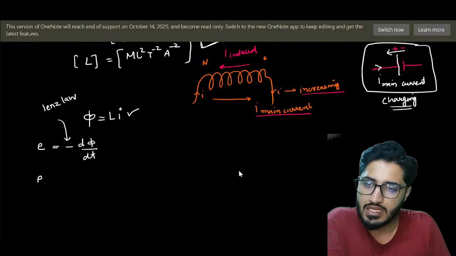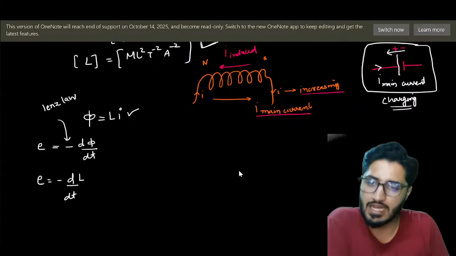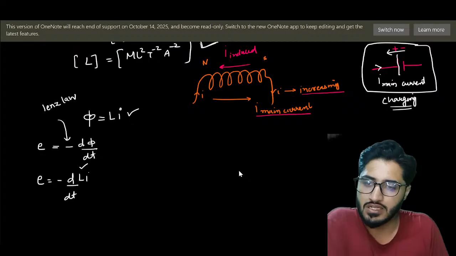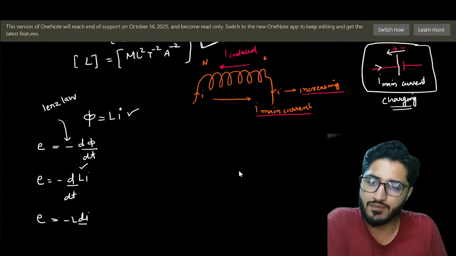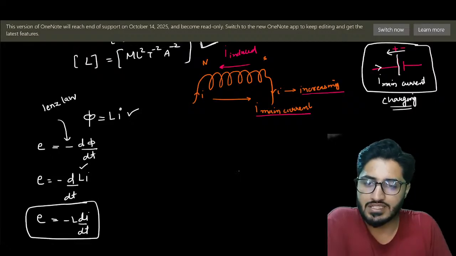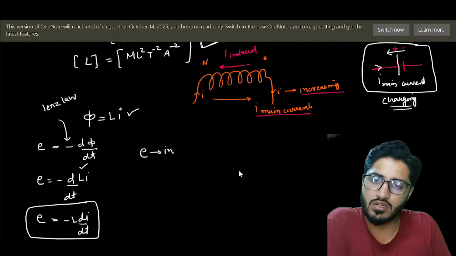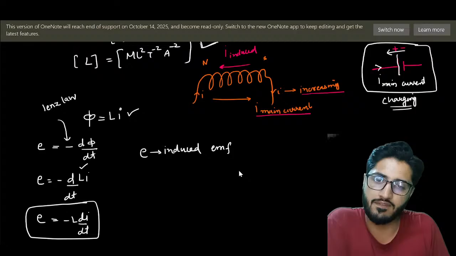Okay, E equals minus d phi by dt. What is phi? Phi is LI. L is constant, no? Can I write E equals minus L di by dt? So what is E here? E means induced EMF.